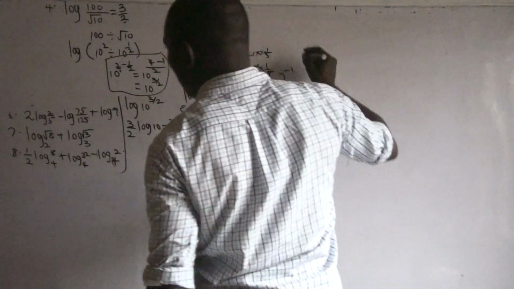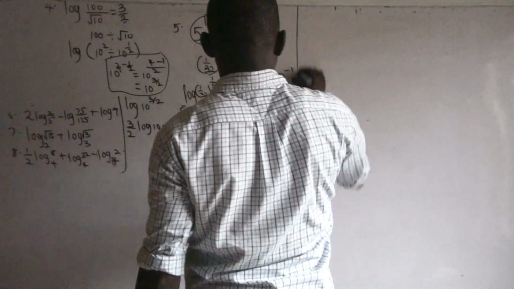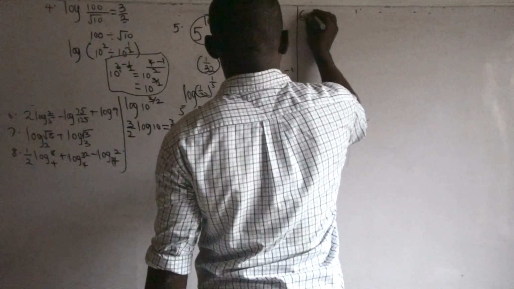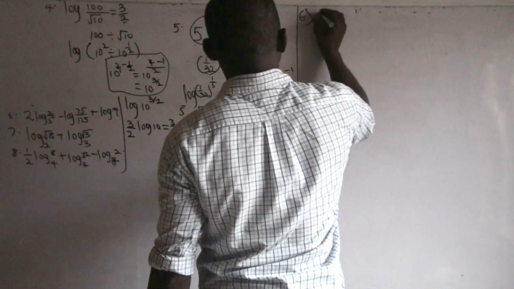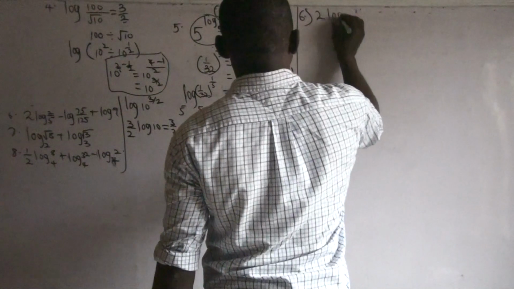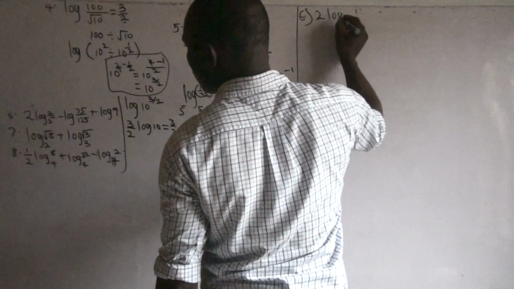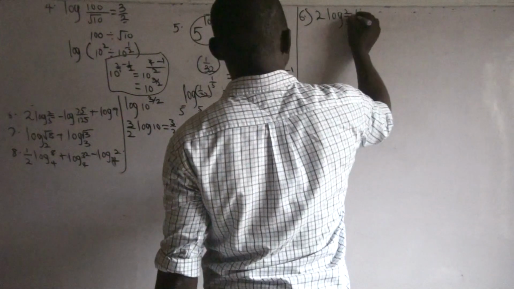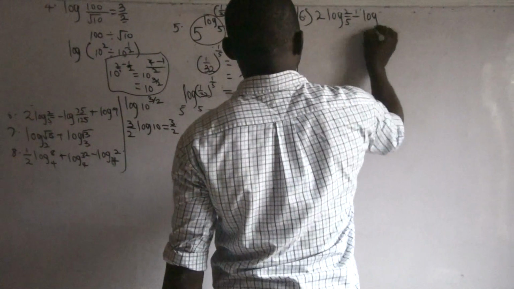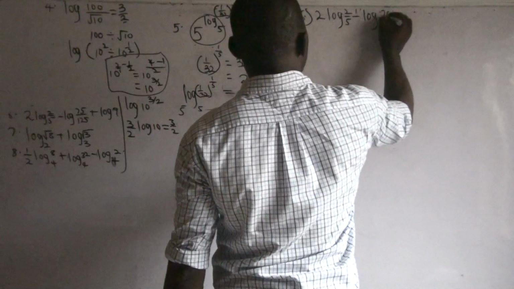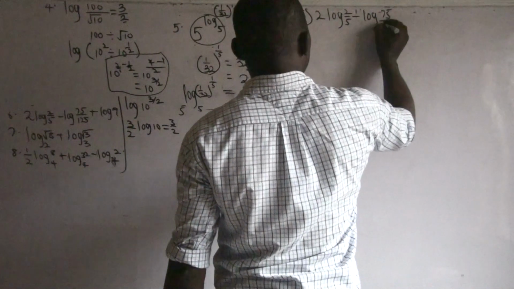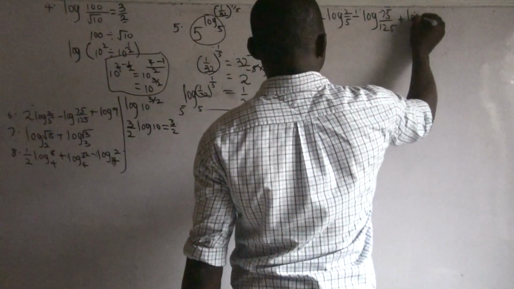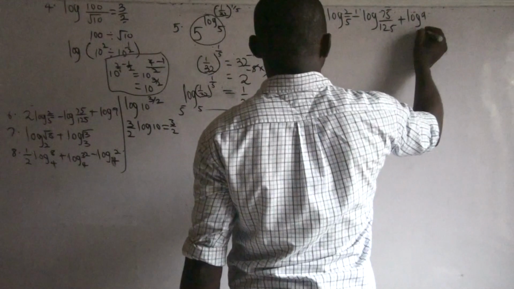Question 6 is 2 log 2 over 5 minus log 75 over 125 plus log 9.